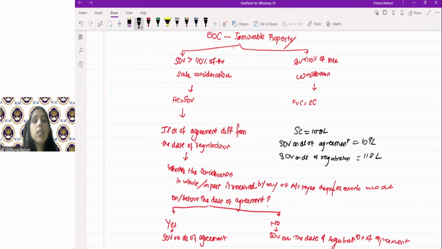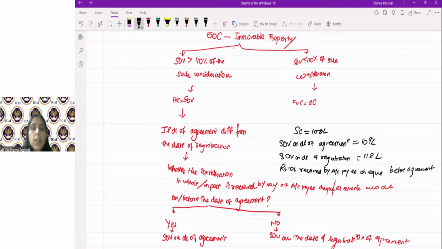So in this case, what would you do? Let's assume 10 lakhs are received by way of account payee cheque on or before the date of agreement. So rupees, let's say 10 lakh received by account payee cheque before agreement.